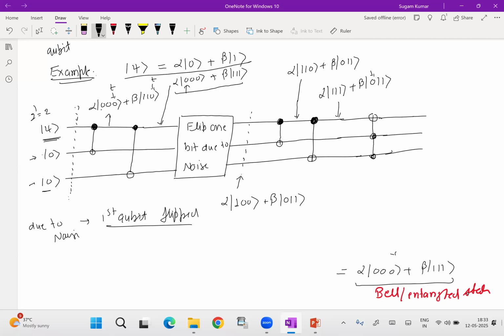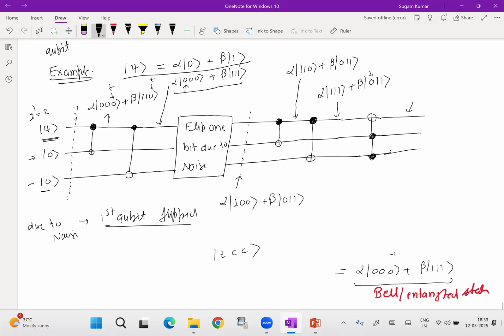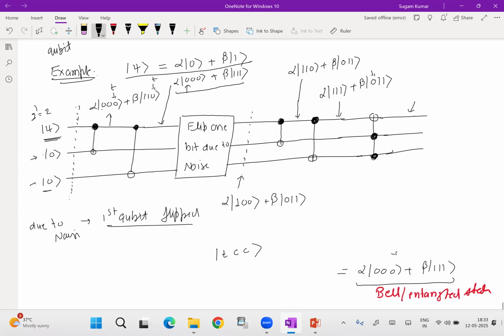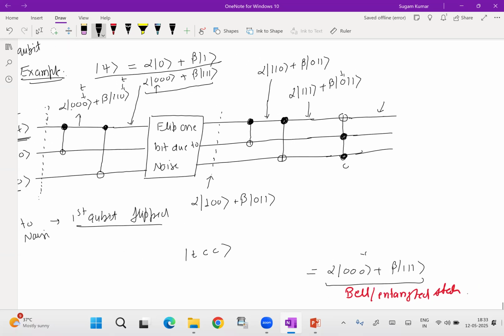Yeah, exactly. And now see here. This is the CCNOT gate. In the CCNOT gate, the first becomes the target and the last two are the controls, correct? The nodes act like a control, and where you have this plus sign, that becomes the target.